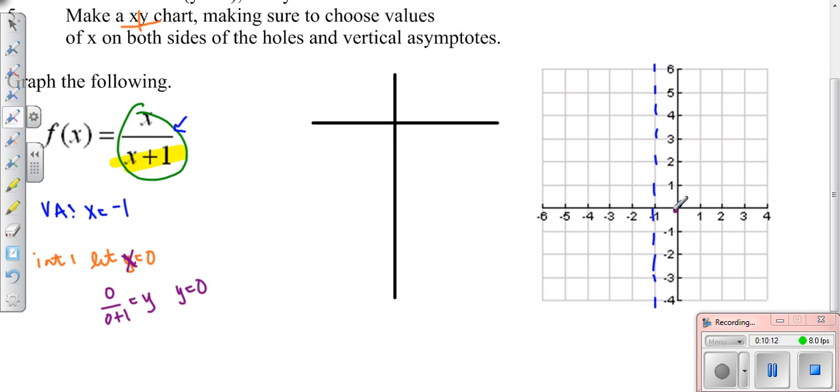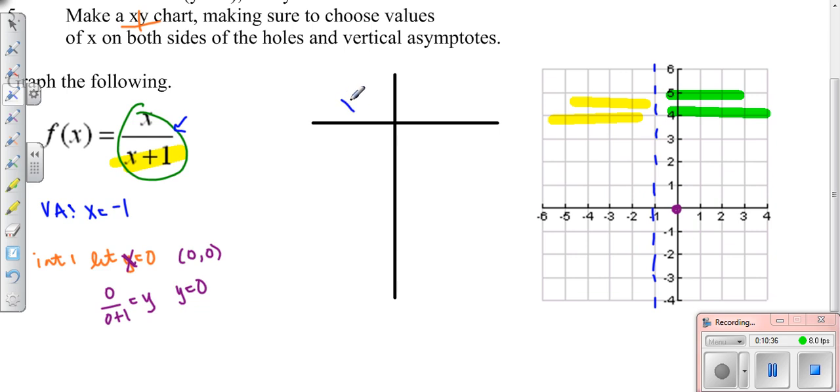So this thing crosses at 0, 0, which is both my x and y intercepts. If it were a different value, you would have to go ahead and solve for the other one. Now, I have to test what's going to happen on this side and see the behavior, and then I have to go over here on this side and see the behavior.